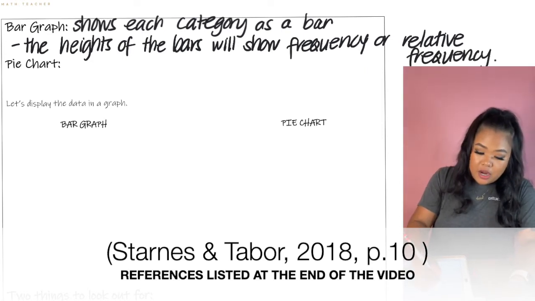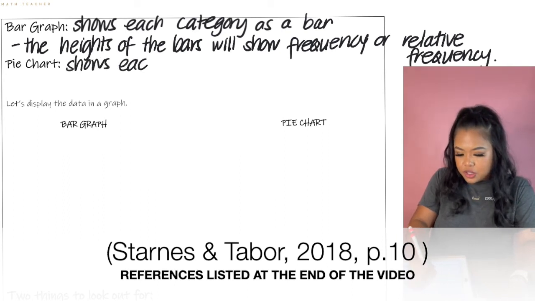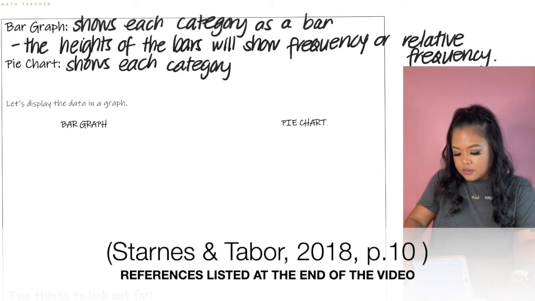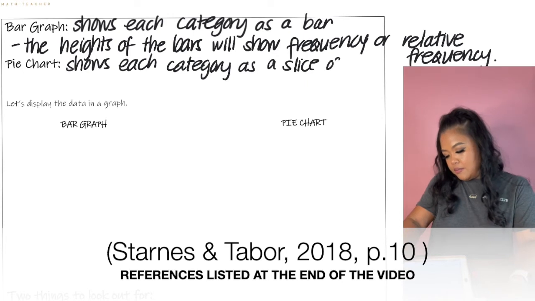A pie chart is going to be a chart that shows each category as a slice of a pie.